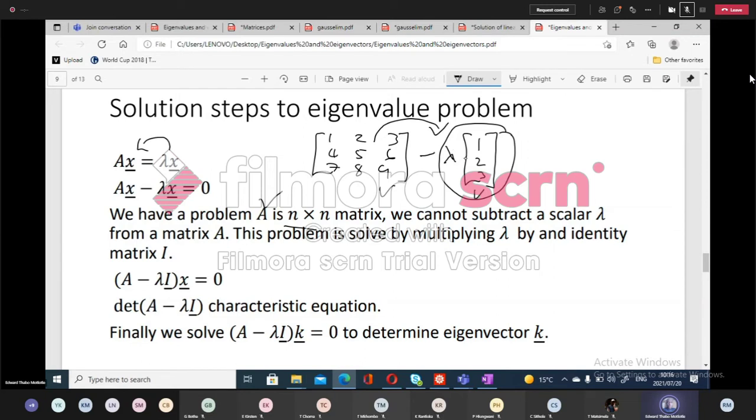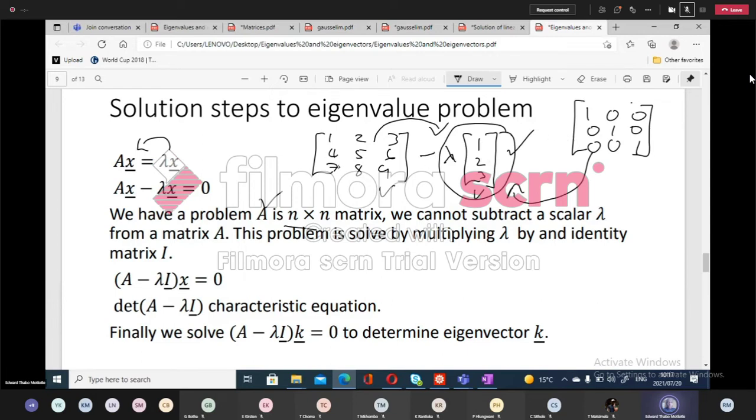Now, to solve this problem, you are going to multiply this lambda by an identity matrix. And the identity matrix of a 3 by 3 matrix is 1, 0, 0, 0, 1, 0, 0, 0, 1. By multiplying lambda by an identity, it changes it to be a 3 by 3 matrix.